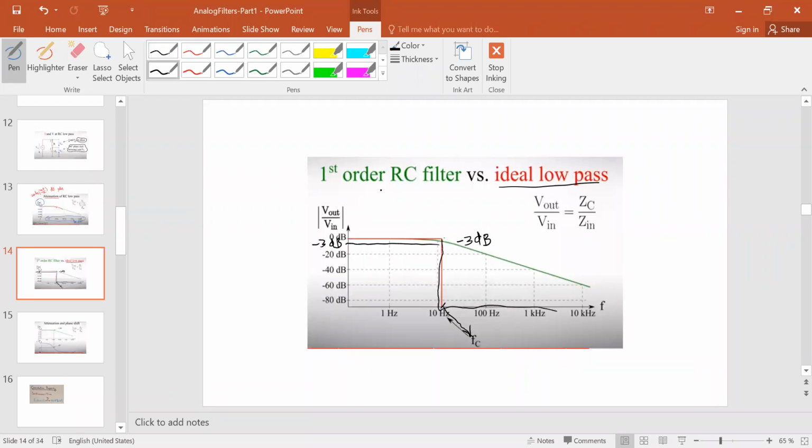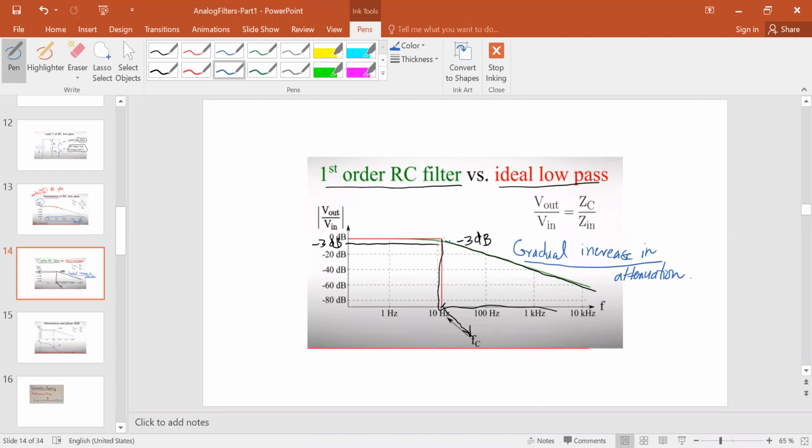You see this red one, it comes directly down. Whereas in case of a first order RC filter that we design, we will find out that there is a slope. It gradually decreases, it's a gradual increase in attenuation.